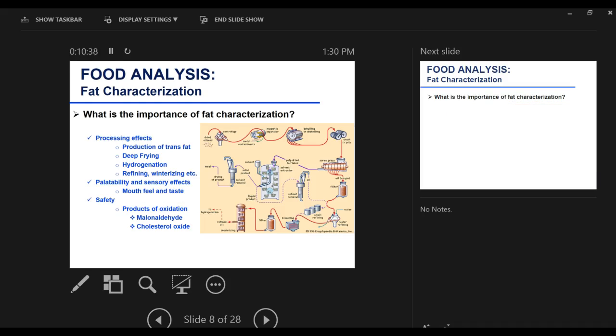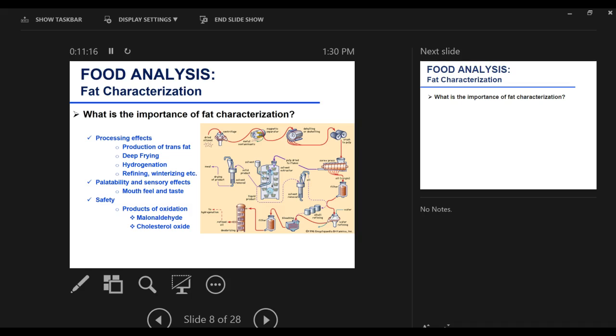So, we talked about safety and mouthfeel, but I want to spend a little bit more time on processing. We talked about production of trans fat due to incomplete hydrogenation. Deep frying, we also talked about that. It can cause hydrolytic rancidity in the presence of fatty acids. If they're polyunsaturated in the presence of oxygen, they can also result in oxidative rancidity. Free fatty acids usually are more prone to oxidation than esterified fatty acids.